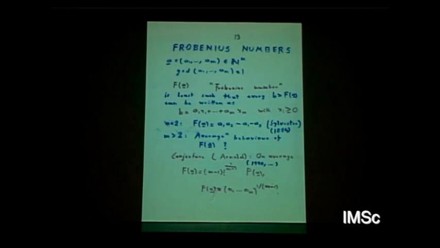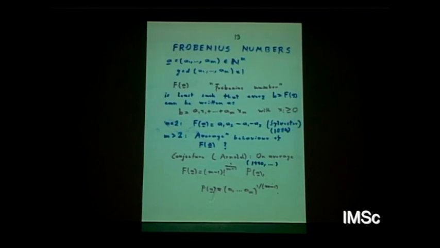Okay. So now we come to Frobenius numbers. As many of you know, if A is an n-tuple of natural numbers which are relatively prime, then capital F of A is the so-called Frobenius number, the least number such that every b bigger than F of A can be written as a linear combination of a1 through an with integer coefficients x1, ..., xn which are non-negative.